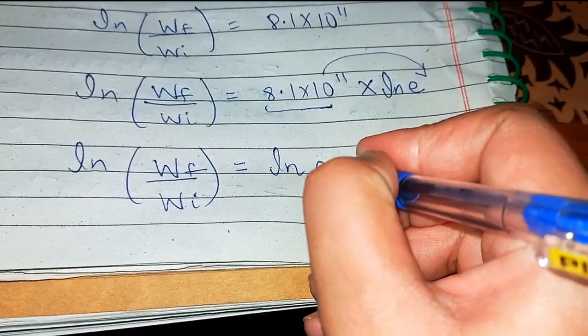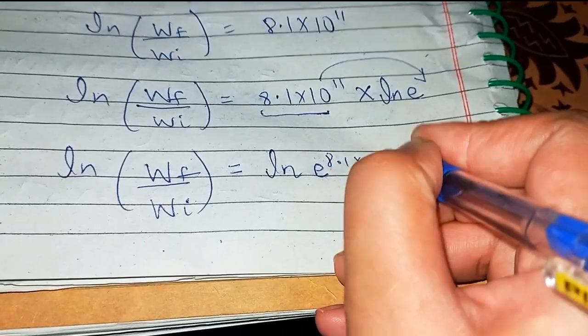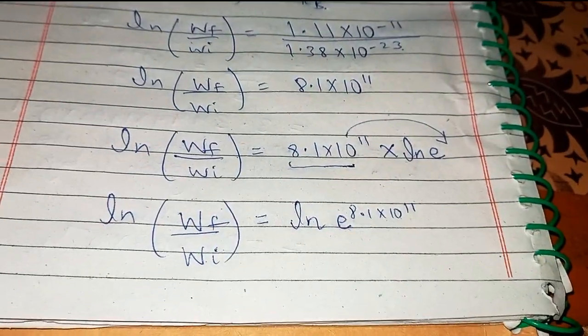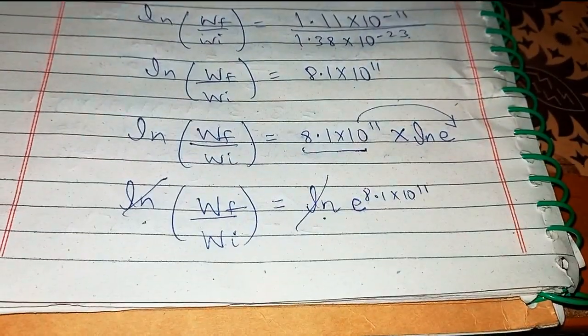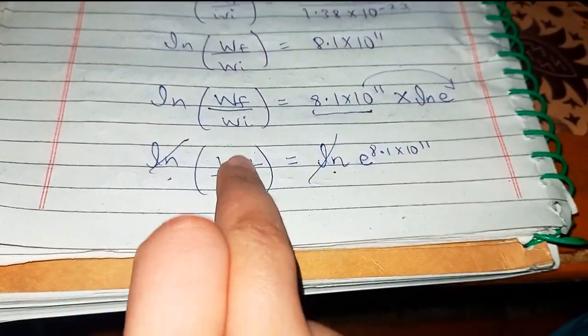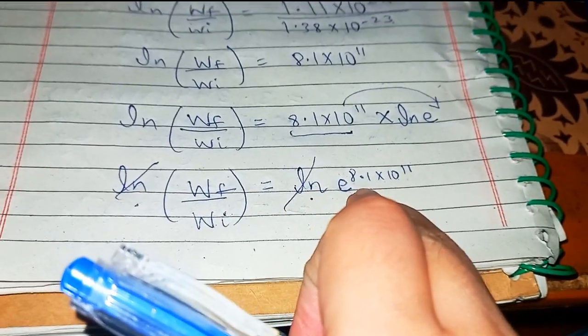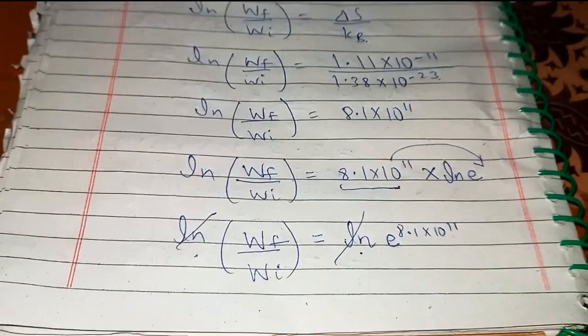So we can put natural log of e with power 8.1 multiplied 10 to the power 11. So this natural log and this natural log can be cancelled out now, because there is nothing else here, and we have got Wf by Wi to be equal to e to the power 8.1 multiplied 10 to the power 11. All right, that's the result.